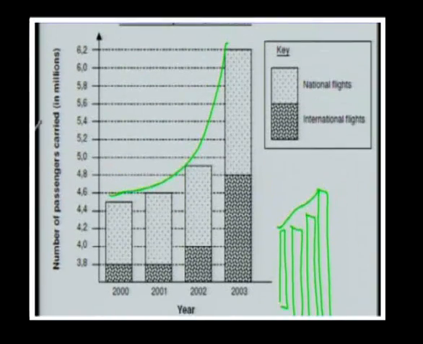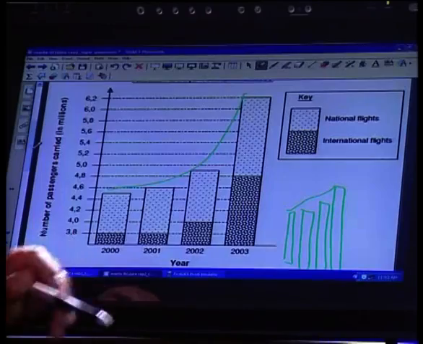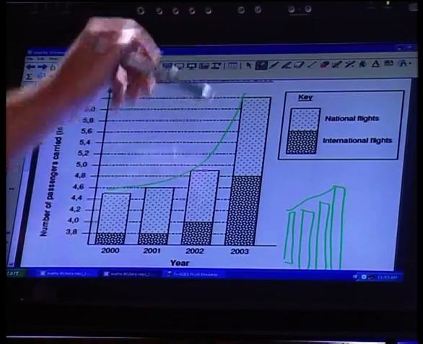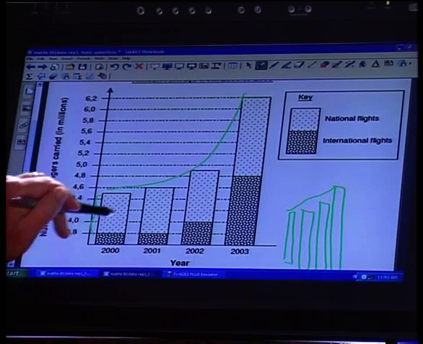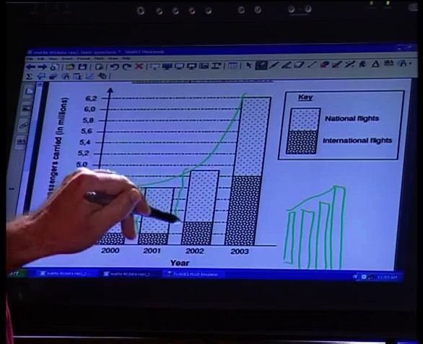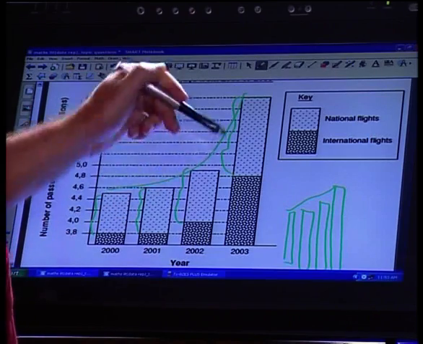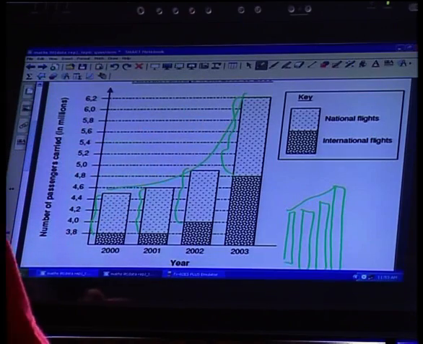Just going back to our chart, you see the height of this chart looks as if the national flights have increased significantly, but look at the size of our national flights. Again, the sizes aren't very different to each other, and there's not really been a great change in the number of national flights. So again, this chart is slightly misleading.